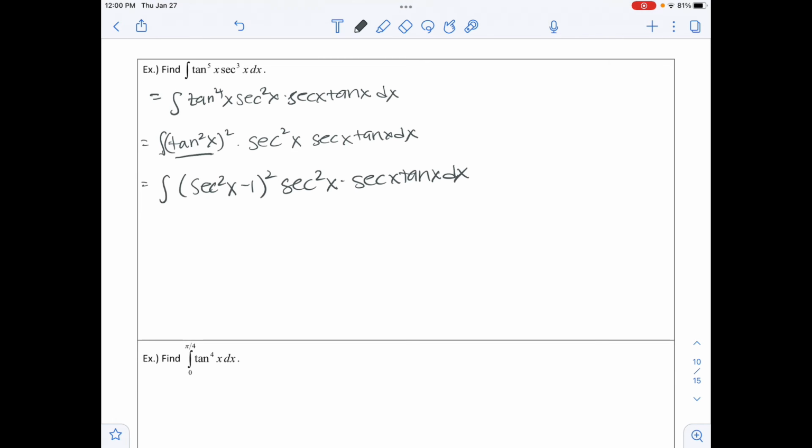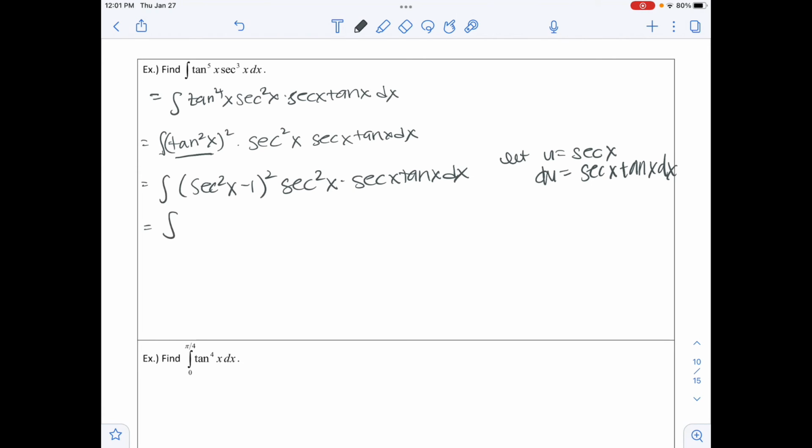So now, since everything's in terms of secants and the derivative of secant, which is going to be secant x tangent x, I'm going to go ahead and use u substitution. Let u equal secant of x. The derivative du would be secant x tangent x dx.